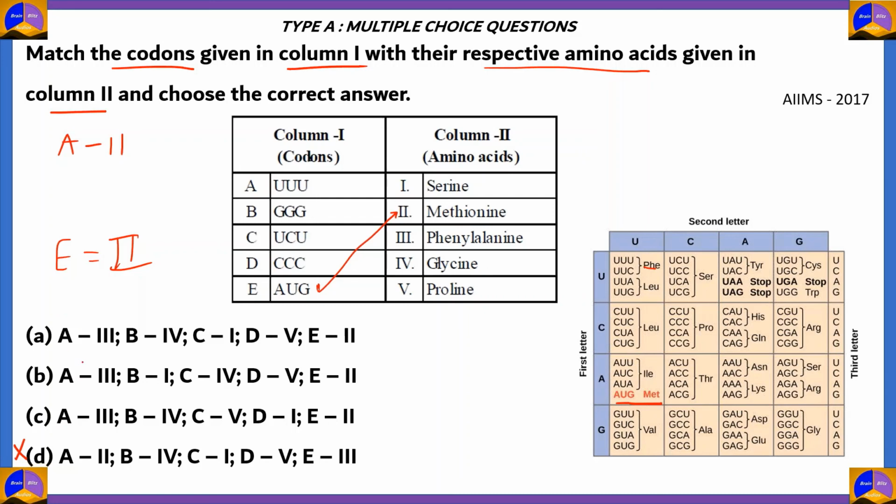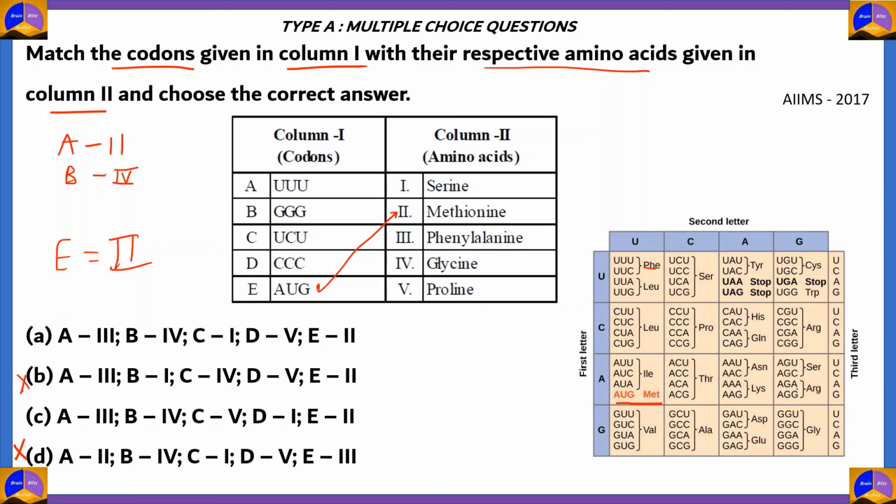But you know that A is equal to 3 is present in all of these. Now, what about B? GGG is a codon which codes for the amino acid glycine. So that means B is for 4. That eliminates option B, which says that B is for 1. However, we need to choose still between options A and C. Let's look at UCU.